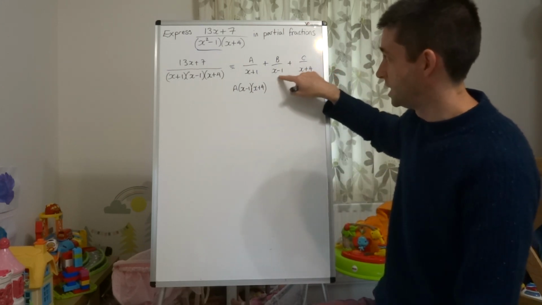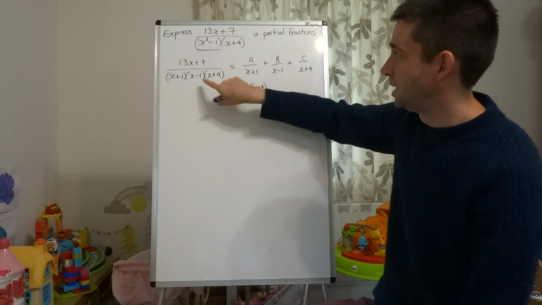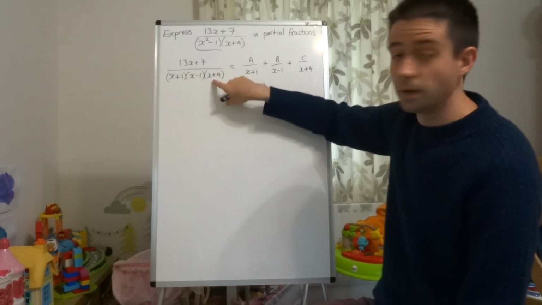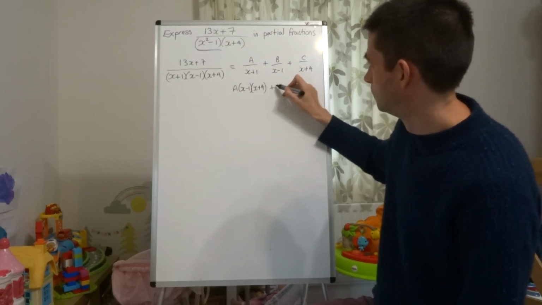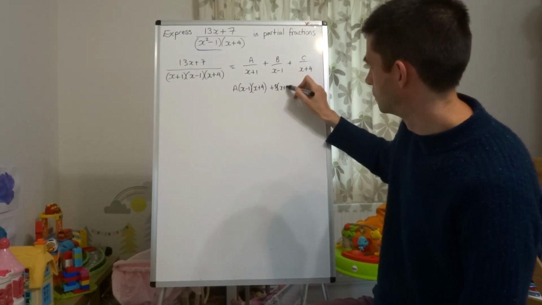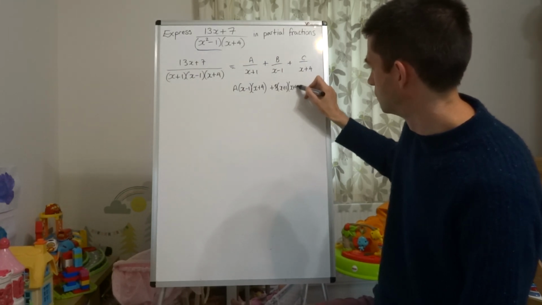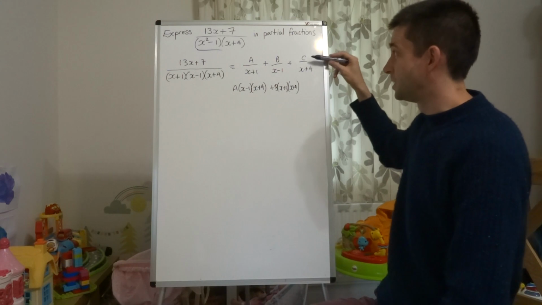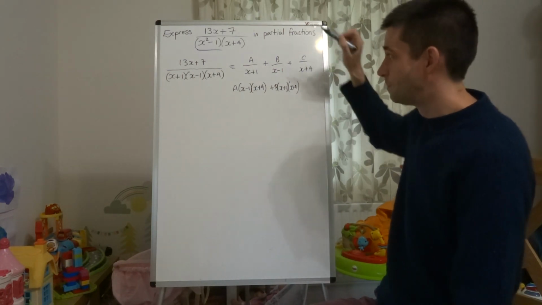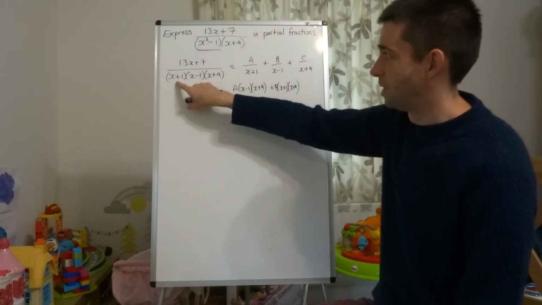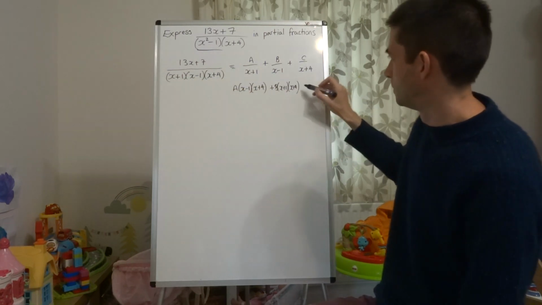The B, we already have x minus 1, so we'd need to multiply that one by x plus 1 and by x plus 4. And the C, we already have x plus 4, so we need to be multiplying that by (x plus 1)(x minus 1).